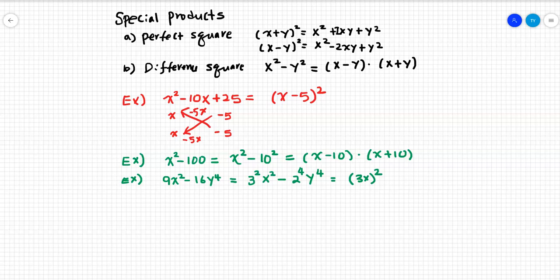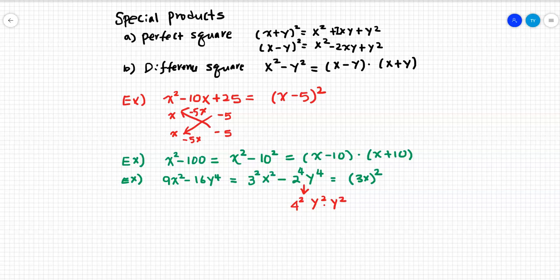So you're going to have to rewrite the second term over here: instead of 2 to the fourth, we're going to make it 4 squared. Then we're going to have y squared times y squared, right?